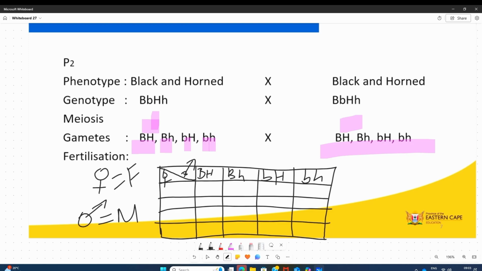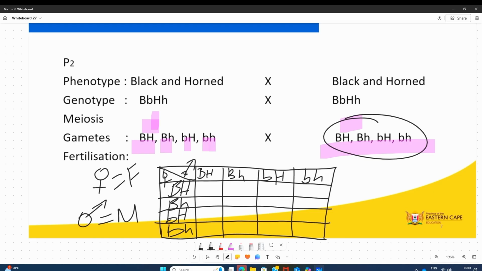Then coming to the female gametes, again we have the capital letter, the dominant allele, and another dominant allele. A dominant allele black and the recessive allele polled. We also have the small letter that is recessive and horned, dominant. Lastly, we have the recessive and the recessive.